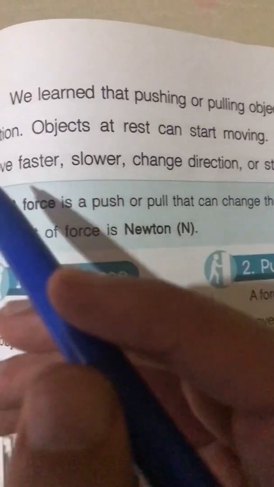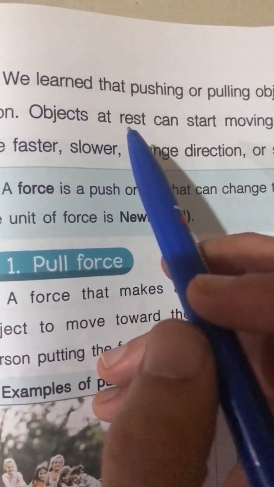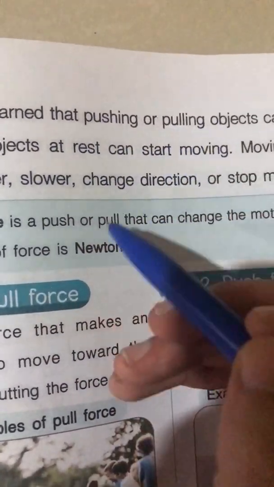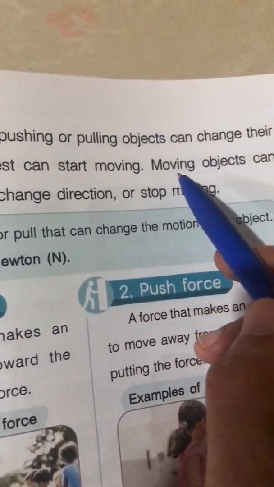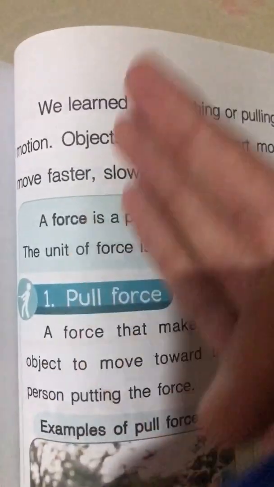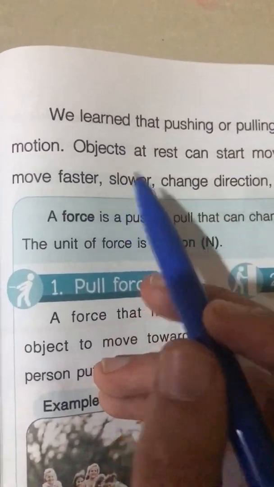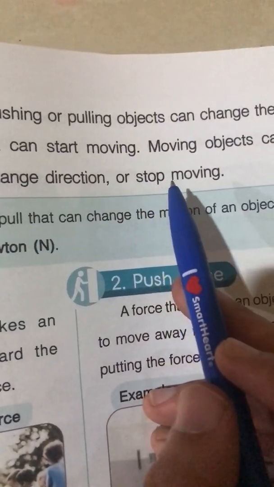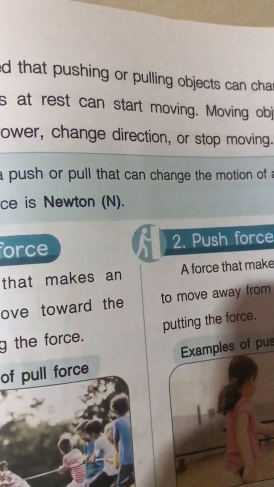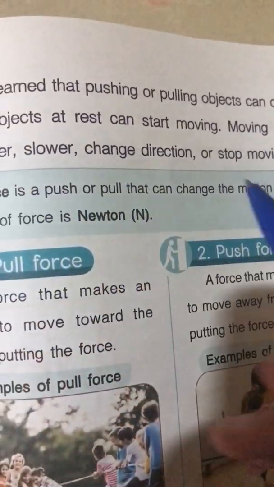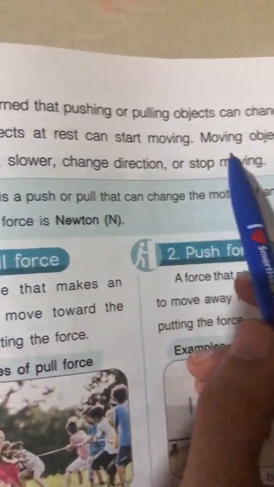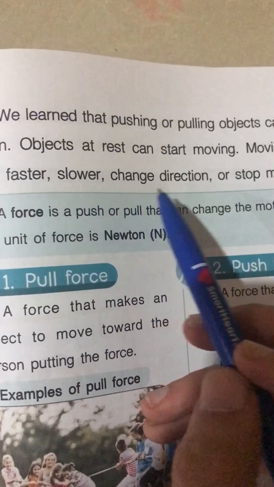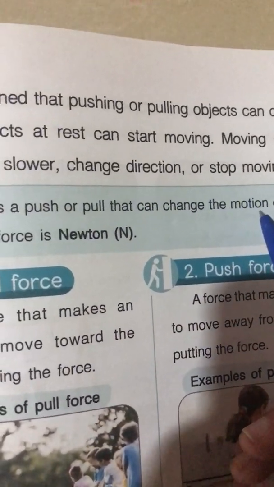So we learn that objects at rest, or objects that don't move, can start moving with pushing or pulling. And a moving object can move faster or slower, or can change direction, or can stop moving. We will talk about that next time. In online class, I will explain about start moving, move faster, slower, change direction, or stop moving.